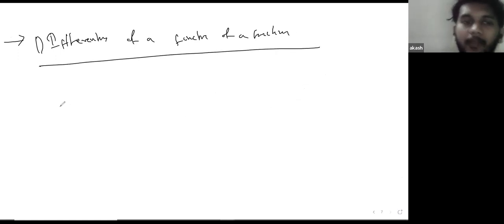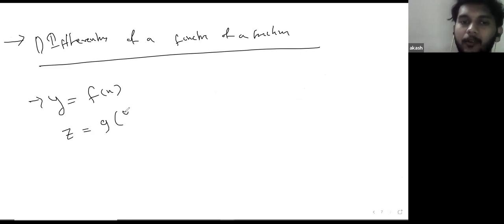What this means is, suppose you have y equals f of x, and there is a function z, and z equals g of y. So a function is the input of another function, right?